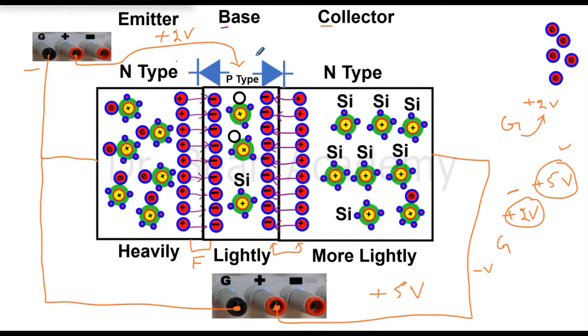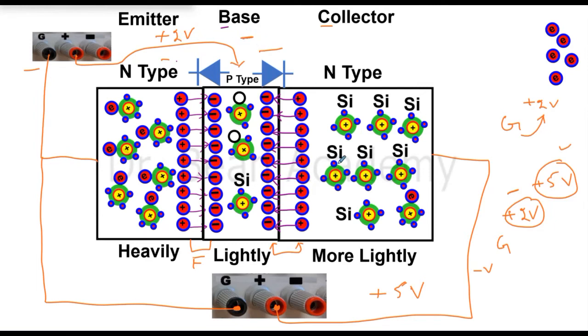This is very interesting to see: the same p-type side is connected with the same terminal. But when you consider its operation with reference to the emitter, it serves as a positive terminal. But when you consider its operation with reference to the n-type side, which is connected with plus 5 volts, the same terminal is now a negative terminal.